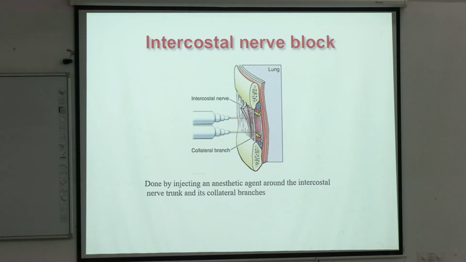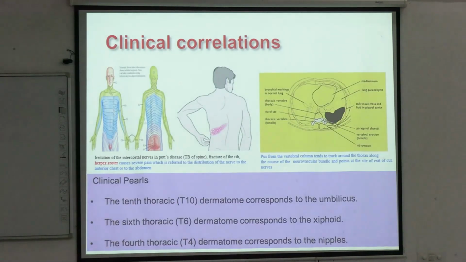We pierce that space under the costal groove, inject the drug, wait for some time and get the desired anesthesia. So this knowledge of the intercostal nerve block is important for us whenever we are going to do any surgery.